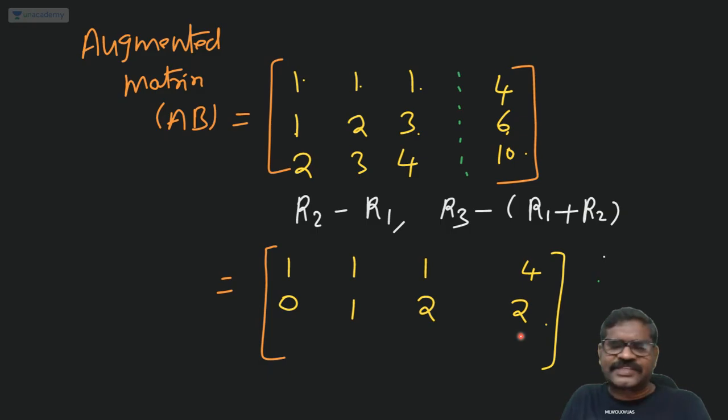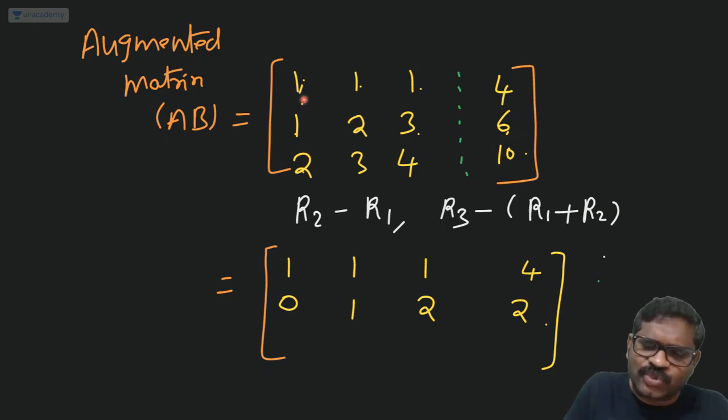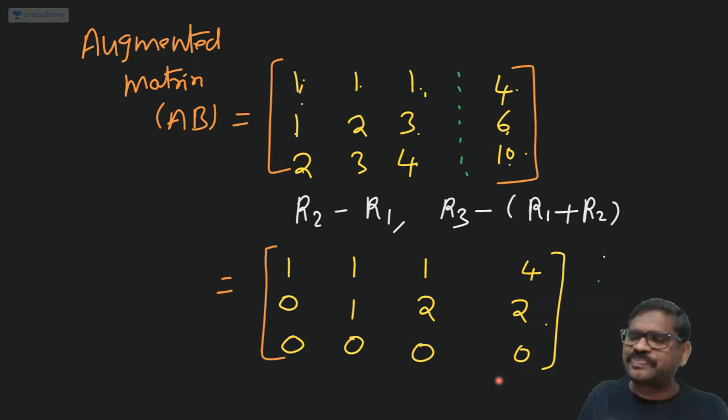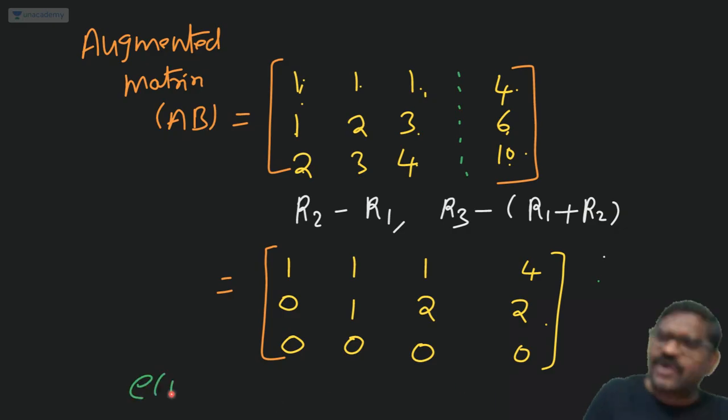Next, 2 minus 2, 0. 3 minus 3, 0. 4 minus 4, 0. 10 minus 10, 0.